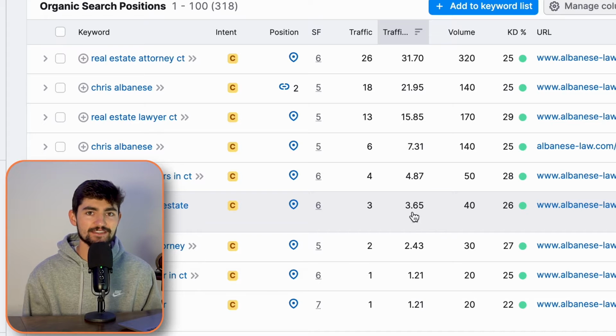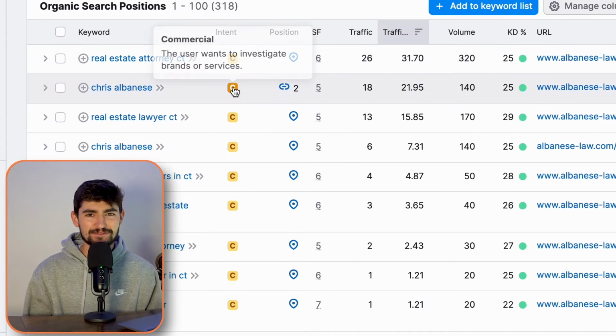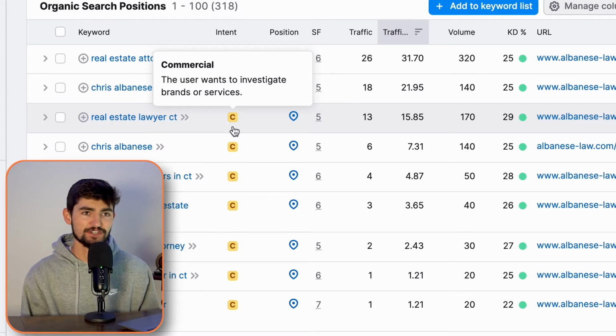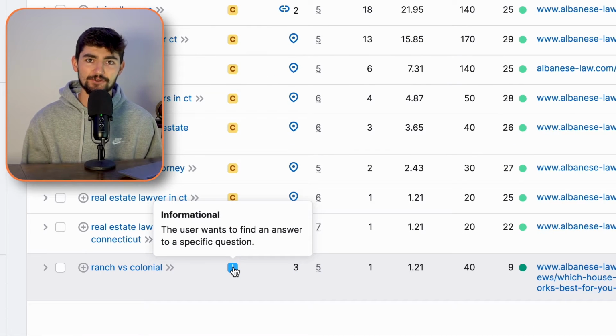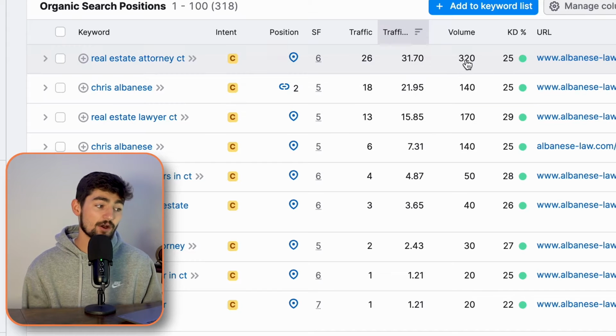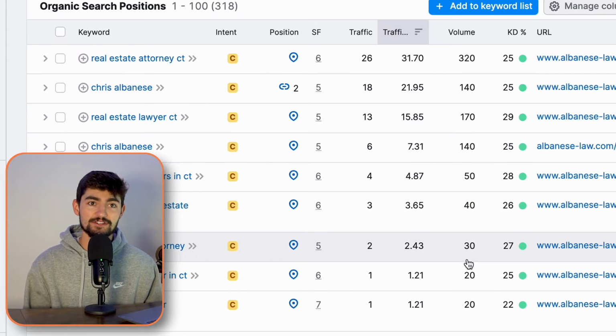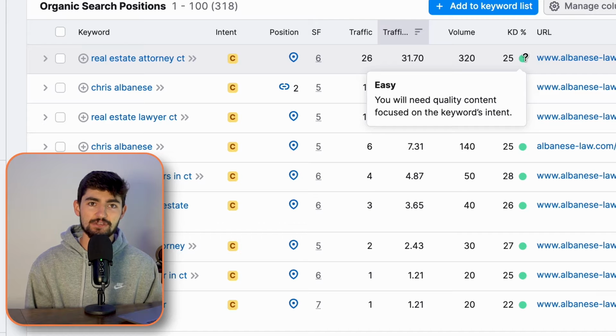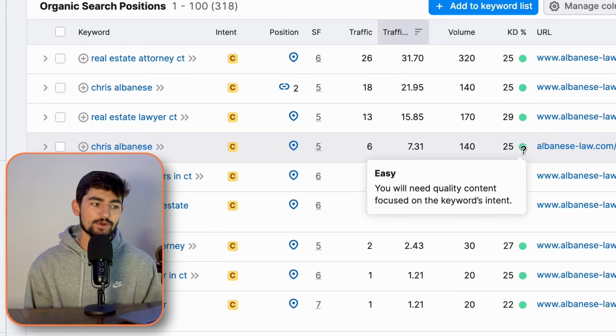We can also look at the intent of the keyword, so is the person that's searching on Google looking to buy something or just perusing around the internet trying to learn? And then we can also look at factors like volume, so how many people are searching for this keyword, and also how competitive it would be to try to rank for that specific keyword. So this is really a good example of what I like to go through with the prospect, showing them all the keywords that people are searching for and potentially explaining why people are searching for it and why you might be ranking for it.